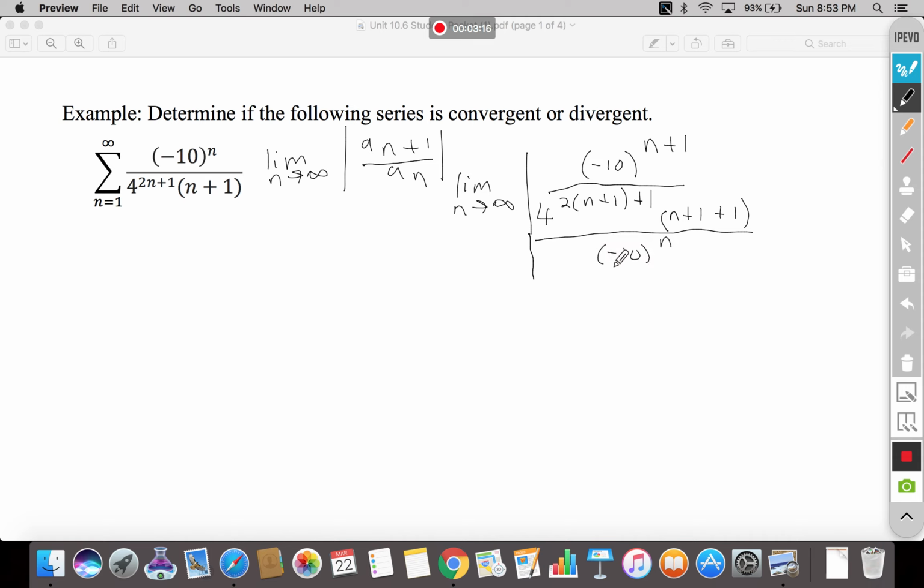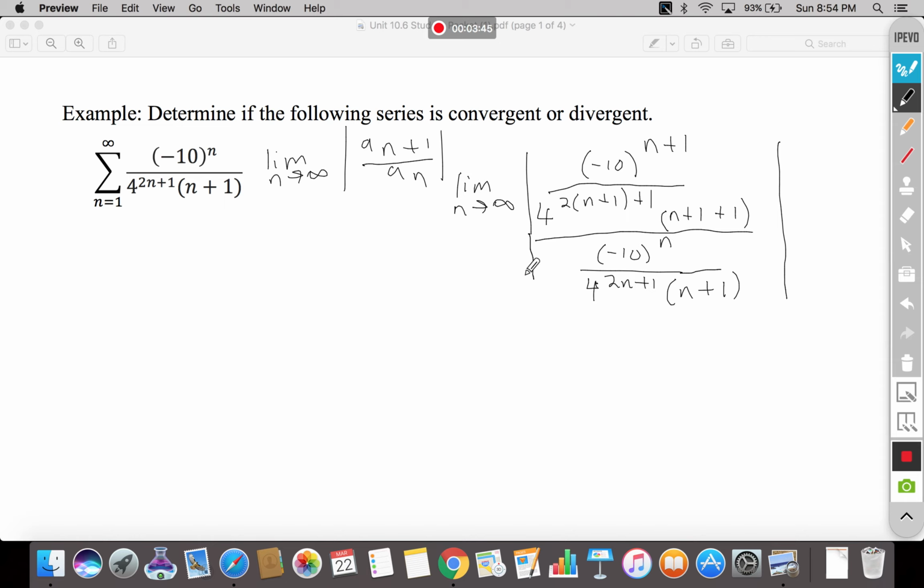Negative 10 to the n over 4 to the 2n plus 1 times n plus 1. There we go. We're going to divide by all of that and take the absolute value. Notice we took this series, plugged in n plus 1 for all the n's, and we're going to divide it by this over here.